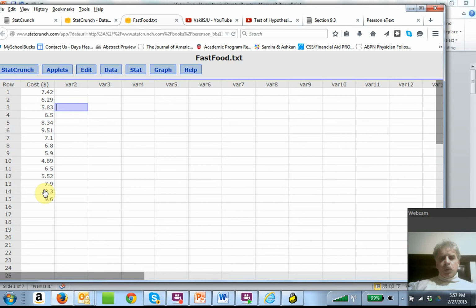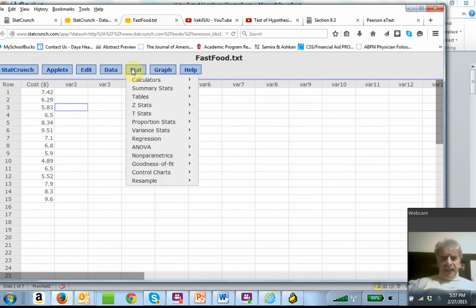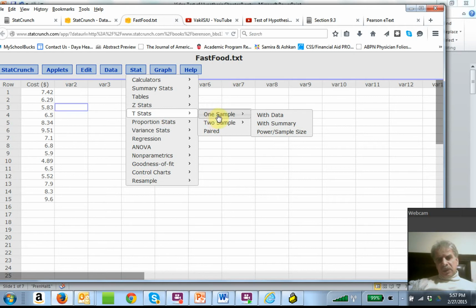And now I would like to run a stat test. So I'm going to go to Stat, and underneath that, to T Stats. It gives me the t-test for one sample, two samples, paired, and so on. So I'm going to go to the first one. Then it asks whether the data is given, or summary data would be given, or power and sample size.